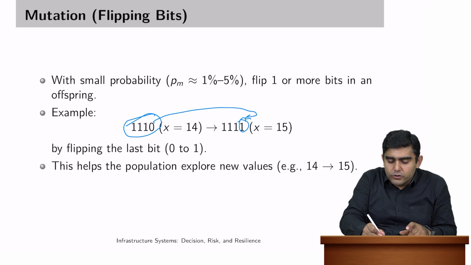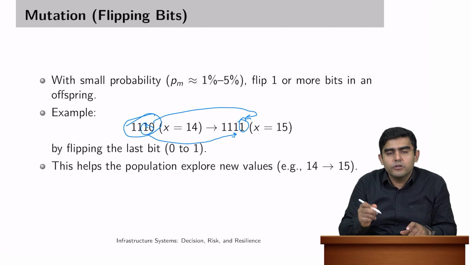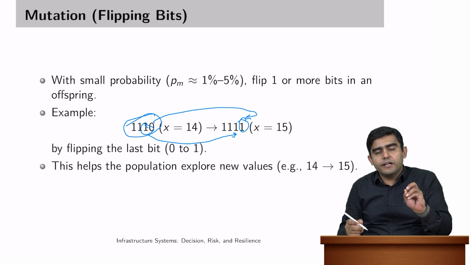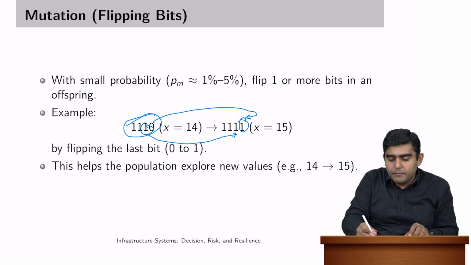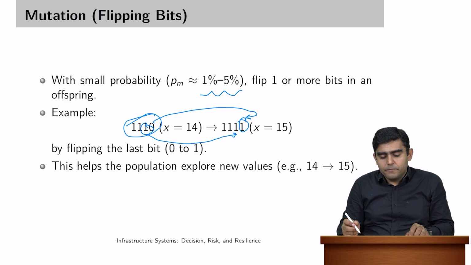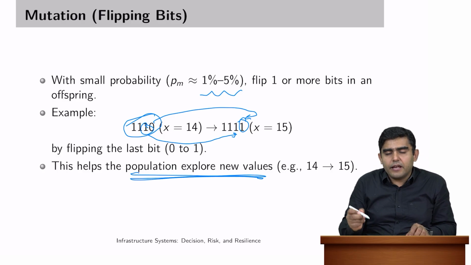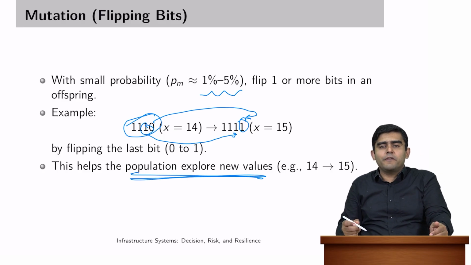It could also force this 1 to become 0, and so on. But this is happening with very little probability. This mutation is happening with probabilities of the order of 1 to 5%. So what it does is that it just helps us converge to the optimal value faster.